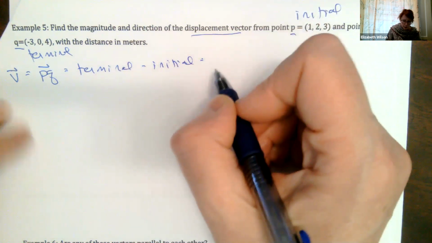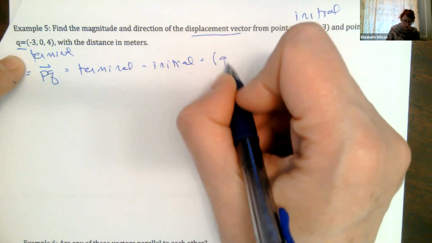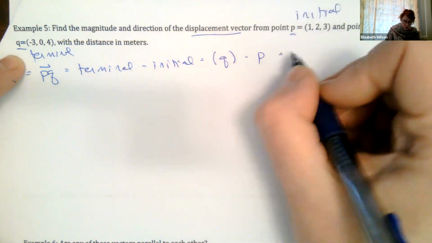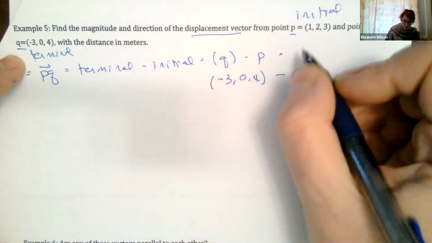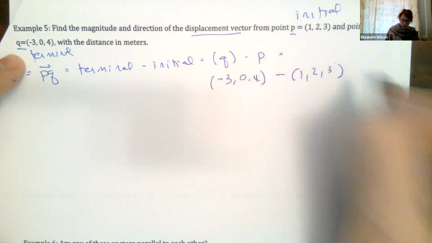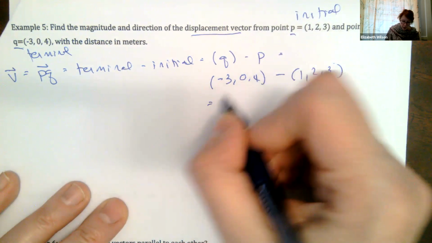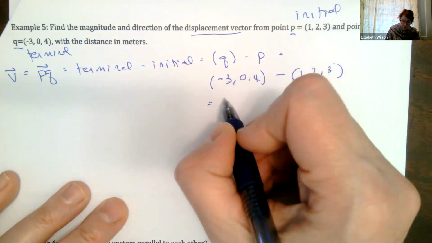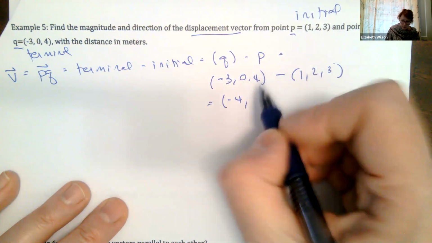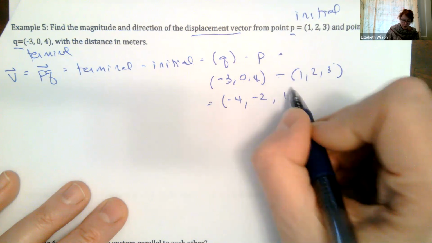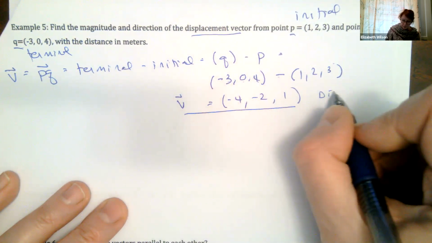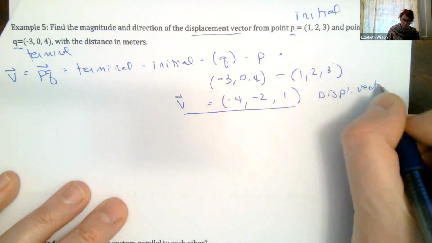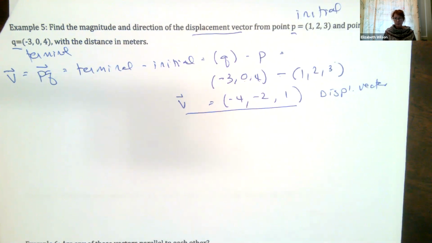So my terminal point is Q, so this is going to be Q minus P. So this is minus 3, 0, 4, minus 1, 2, 3. So this is going to equal minus 3 minus 1, which is minus 4, 0 minus 2, 4 minus 3, positive 1. So this is our displacement vector between points P and Q.